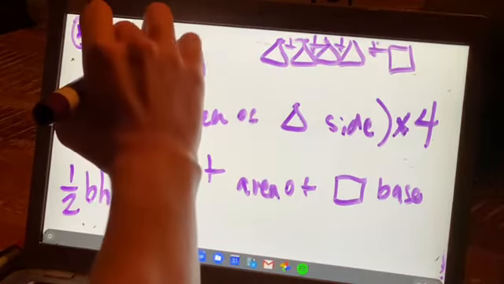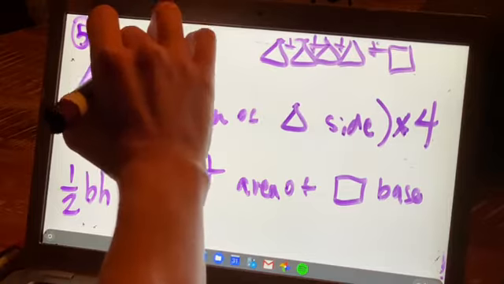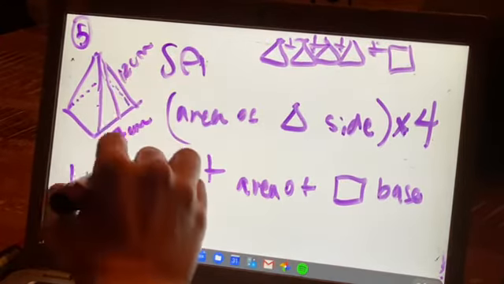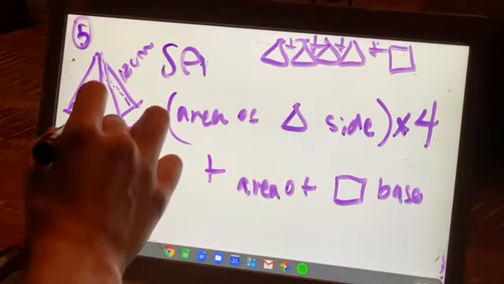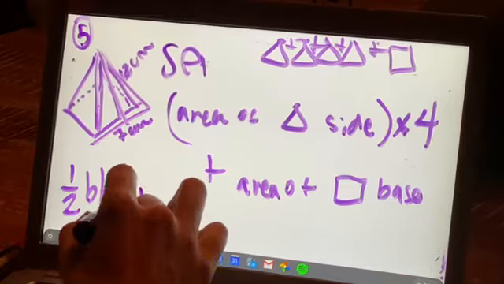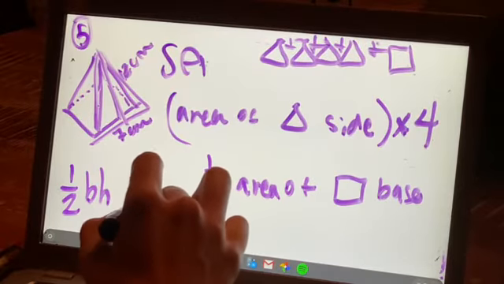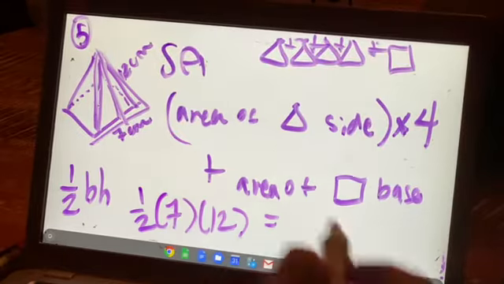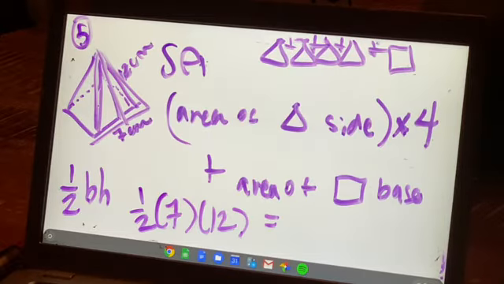All right, and they tell you that the base, which is a square, is 7 centimeters. So we have a 7 centimeter base of this triangle, and we have a 12 centimeter height. So we're just going to go 1/2 base, which is 7, times height, which is 12. Okay, so you guys can probably do that quickly. That is 42.